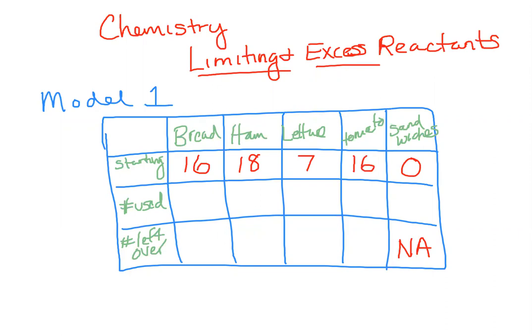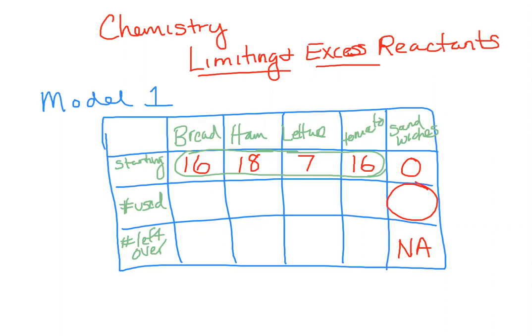Now I want you to figure out how many sandwiches you can make with what they've given you, not the 0. And you're going to put the number of sandwiches right here that you can make.